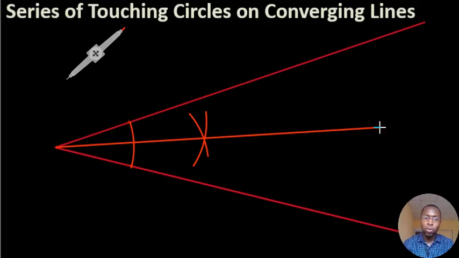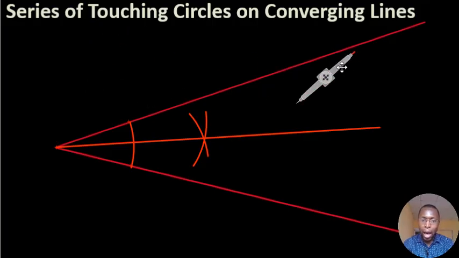So having done that, the next thing you need to do is to pick up your compass again. The compass plays a major role in this construction work. So you pick up the compass and place it at this bisector. The bisector is the line that is dividing this angle into two equal parts.